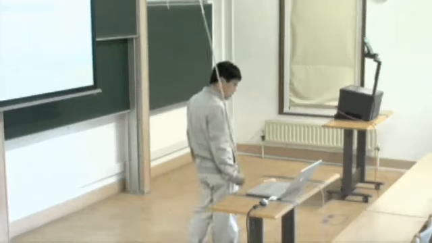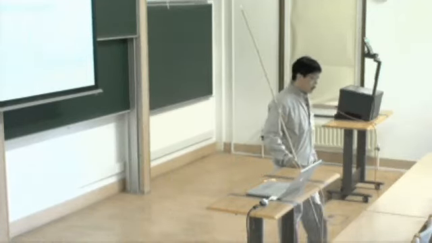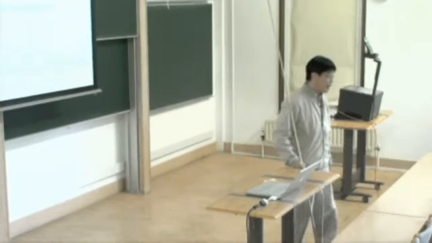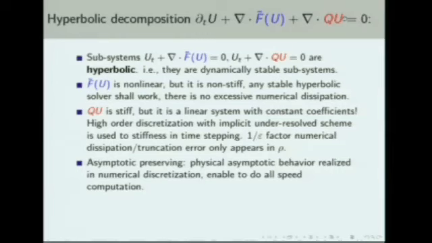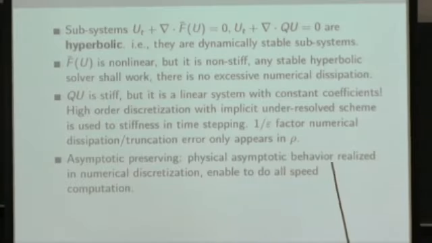So here is the idea we call the hyperbolic decomposition. As we know, luckily, all the physical systems that we study are hyperbolic. That means stable. And to update a dynamic problem, we don't have to follow exact physics. It's not so important. What is important is hyperbolicity. As long as it is dynamically stable, that's what we care about.